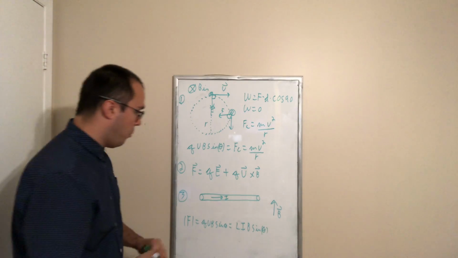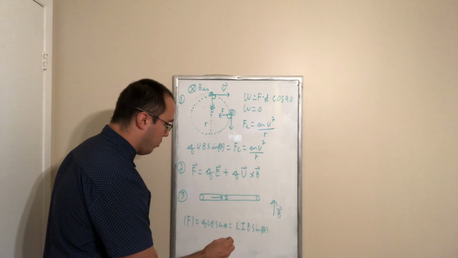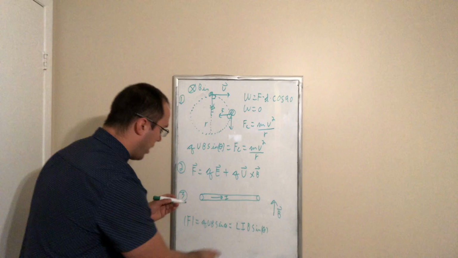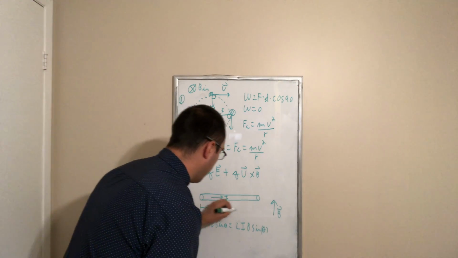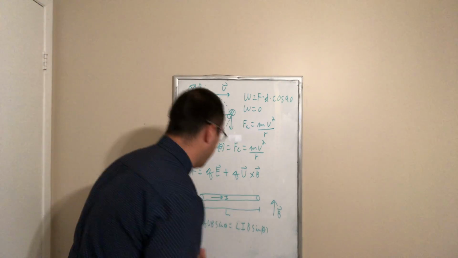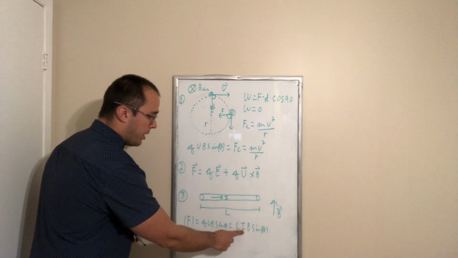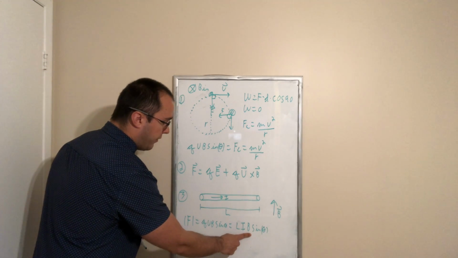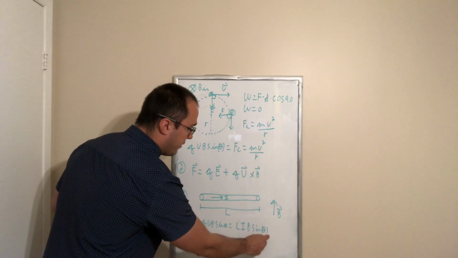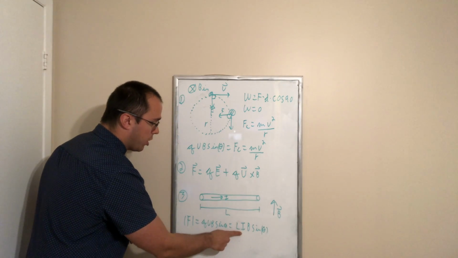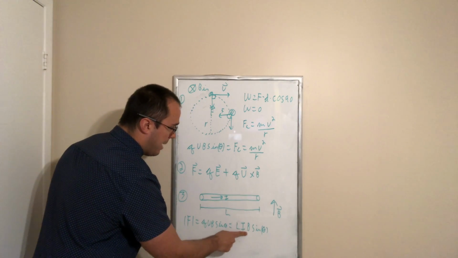So from the point of view of a wire, the magnetic force on the wire is equal to the length of the wire. So that's an important characteristic. We need to know how long it is. Multiplied by the current, multiplied by the magnetic field, multiplied by the sine of the angle between the current and the magnetic field.